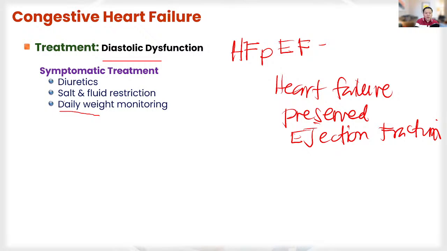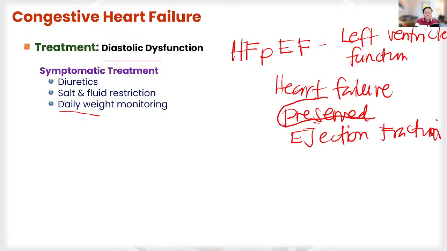Okay, so we are pertaining to the left ventricle function. So it simply means that there is preservation of the ejection fraction. Okay, we are talking about the diastolic dysfunction. Remember about the classification that we talked about earlier? There is preservation in the ejection fraction in this classification.